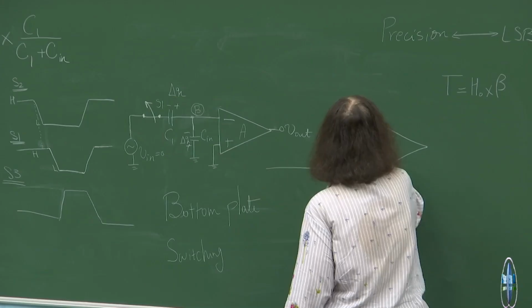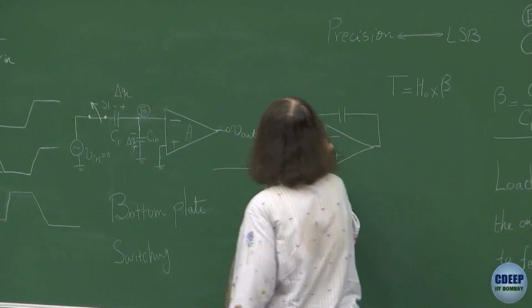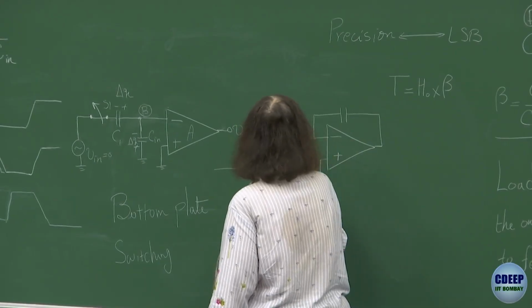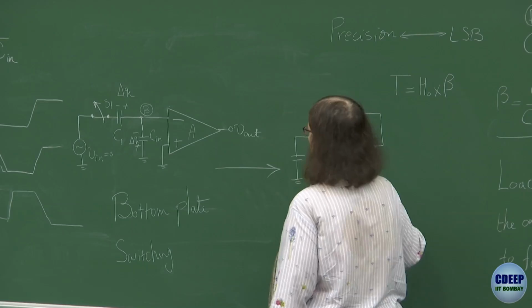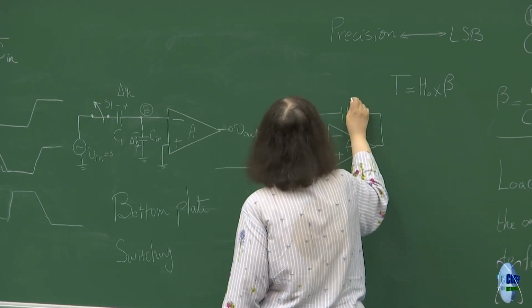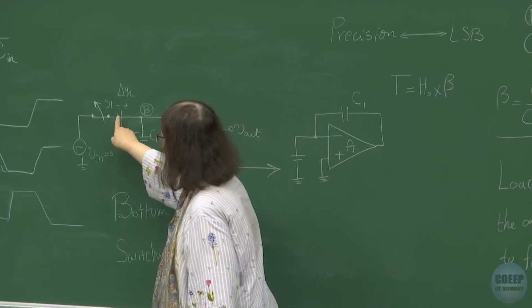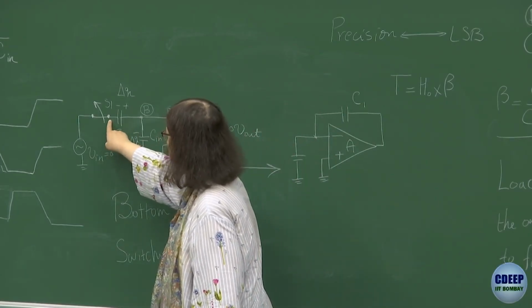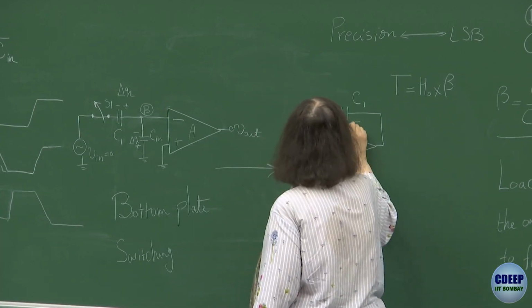So therefore we expect the voltage on C1 to be 0, which is not. So this is C1. Now, this was the negative terminal, right? Which goes to the output. Therefore, now charge is this way, delta Q.